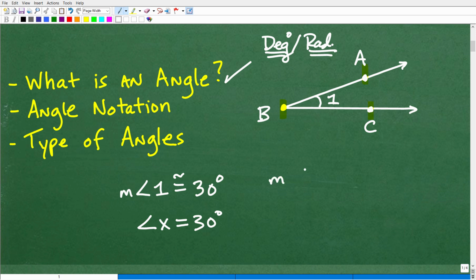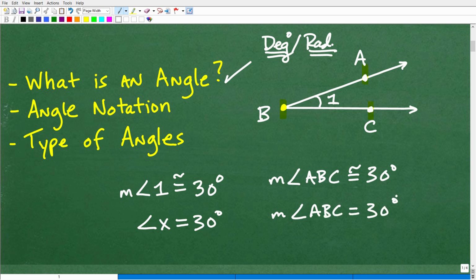I could put the measure of angle ABC is congruent to 30 degrees, or the measure of angle ABC is equal to 30 degrees. Pretty standard notation. And again, this little M right there means the measure of that particular angle is this many degrees.